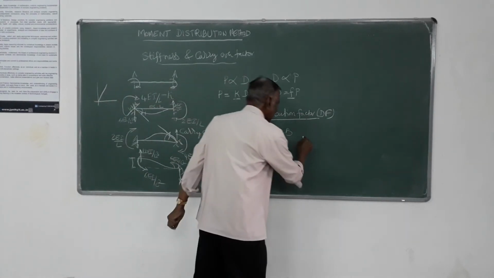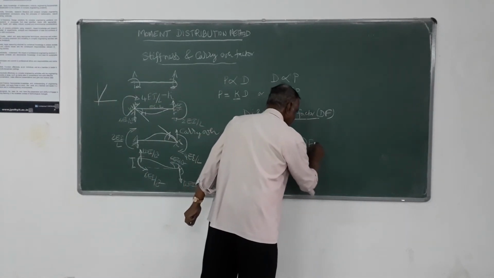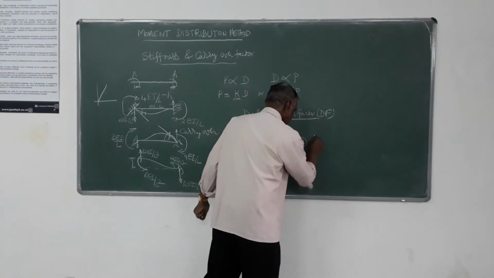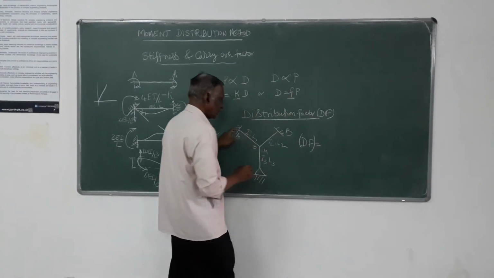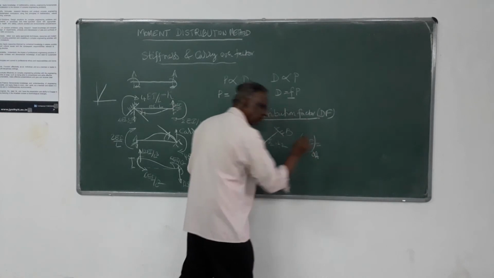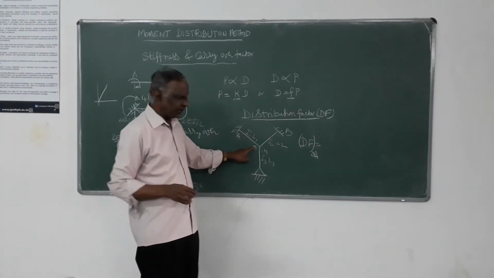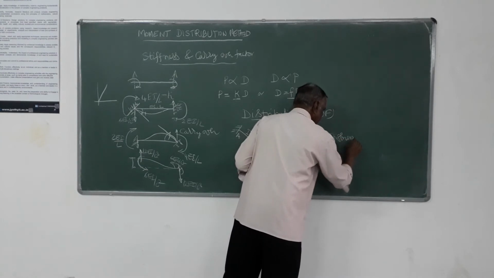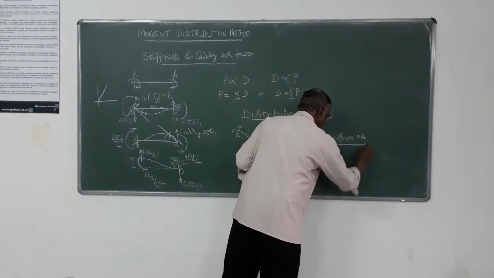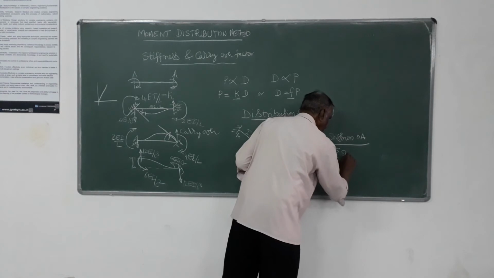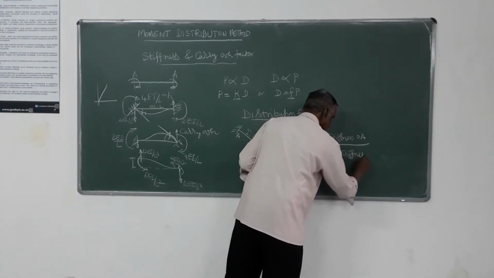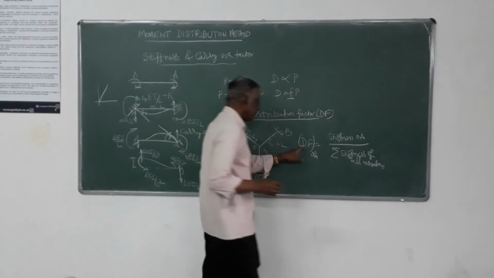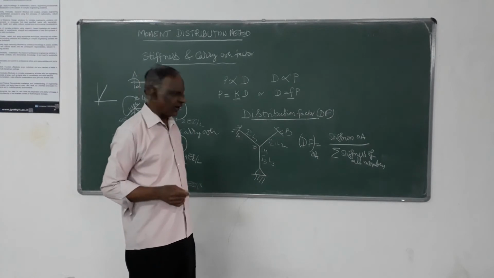And that distribution factor, suppose the distribution factor for this member OA and the joint O, we define as the stiffness of member OA divided by the stiffness of all members meeting at that joint. All members. This is how we define the distribution factor.